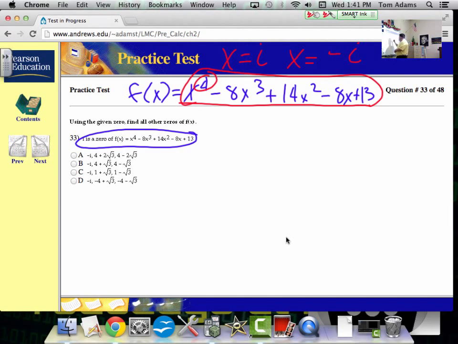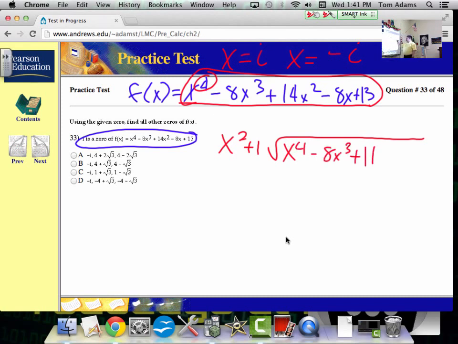So what I'm going to do is take x squared plus 1, and divide that into x to the 4th minus 8x cubed plus 14x squared minus 8x plus 13. X squared times something equals x to the 4th.